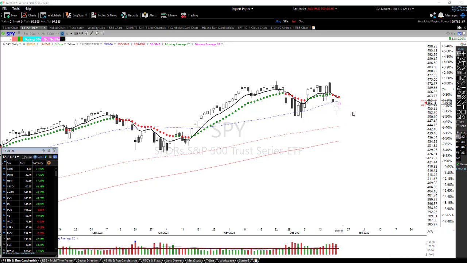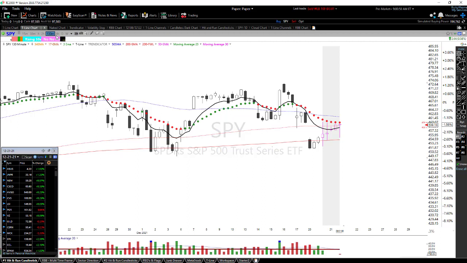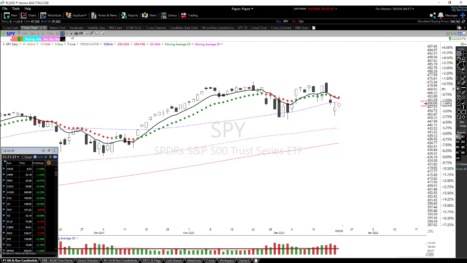Watch the price action. When you can read the candlesticks, you get a magnificent view of what's going on. And if you have trouble reading the candlesticks, and we'll talk more about this in the room today, try looking at the 3-bar chart, breaking today's candlestick or yesterday's candlestick into thirds.